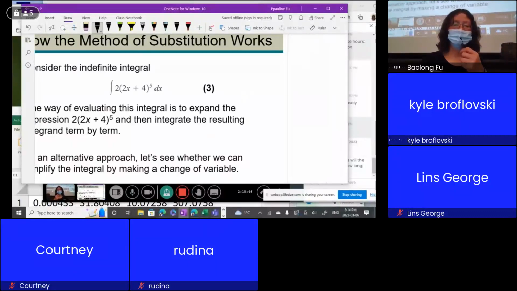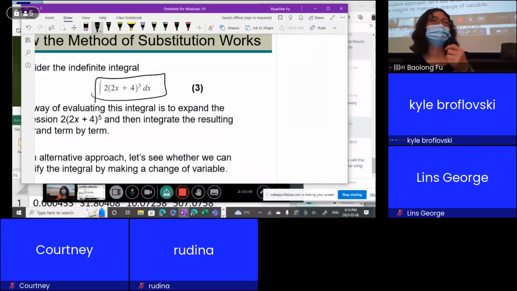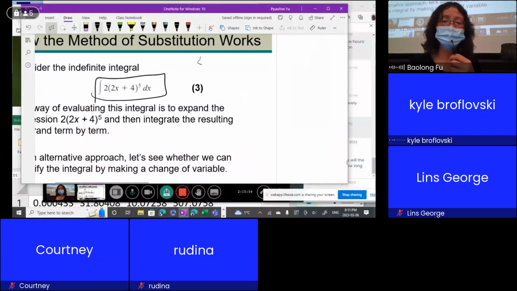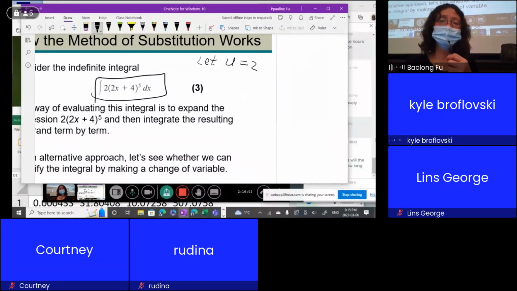So, okay, the question asks you to find the definite integral. What you do, you let u equal to 2x plus 4.